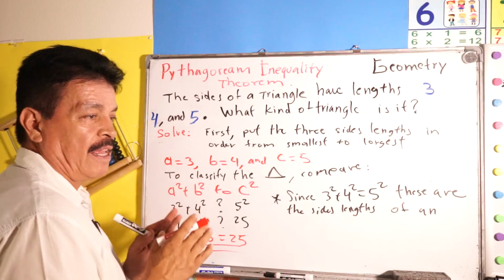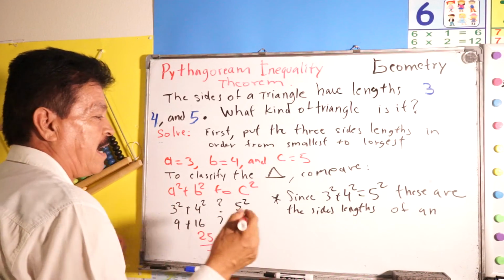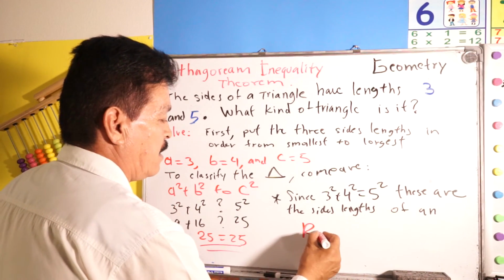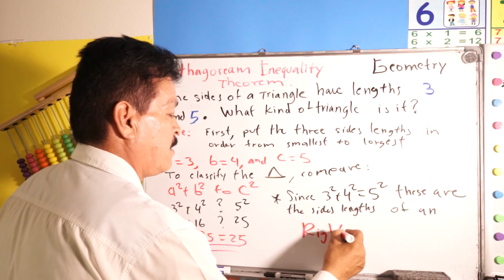Okay, when you have equality, the triangle is a right triangle.